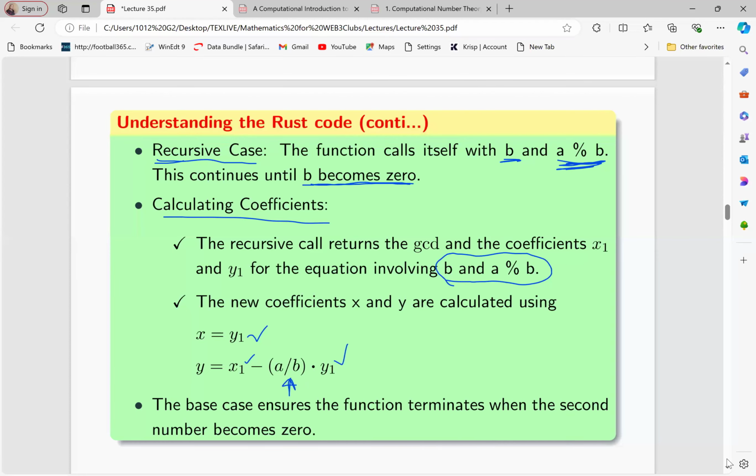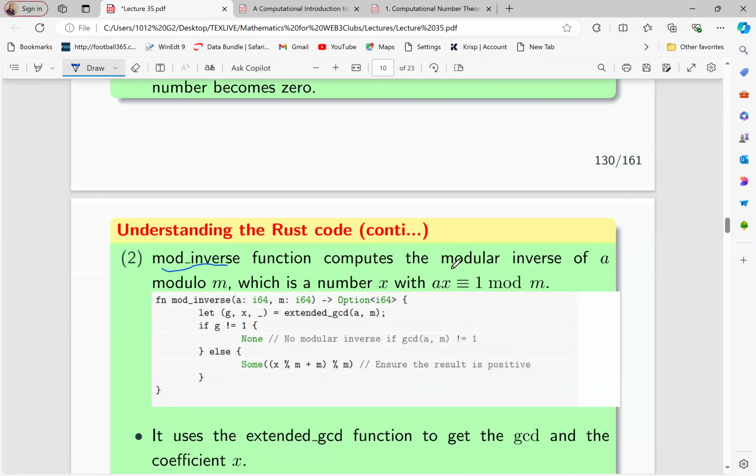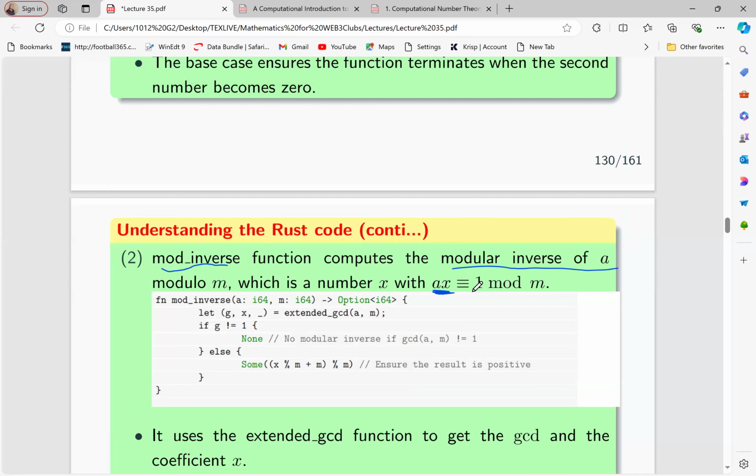Now, once the extended GCD function is done, the mod inverse function takes over. The mod inverse function computes the modular inverse of A mod M. And you see that the inverse is just the value which, multiplied by A modulo M, gives you 1. So how does it begin?